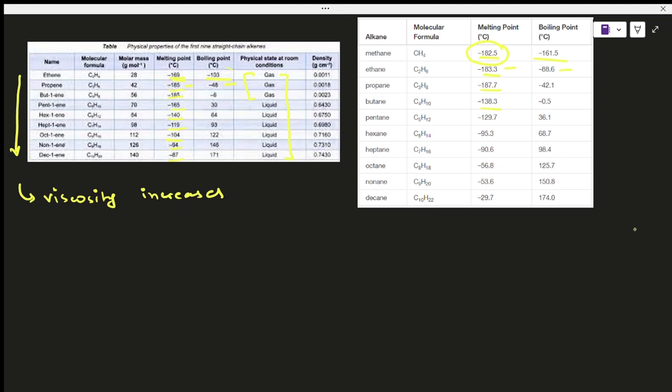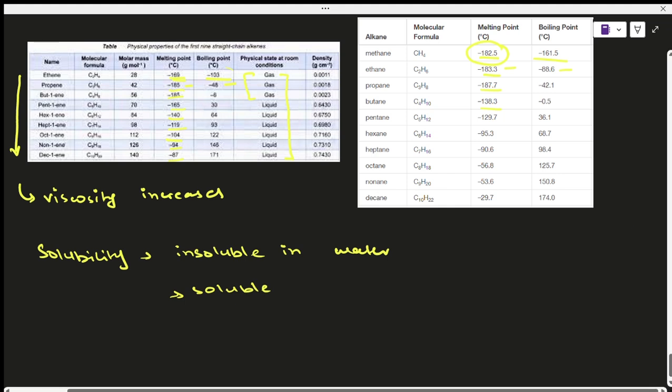Okay, that's one thing. Now, if we talk about solubility, that is one more thing that we need to know, and this is pretty much the same as alkanes. So alkenes are insoluble in water, but they are soluble in most organic solvents.